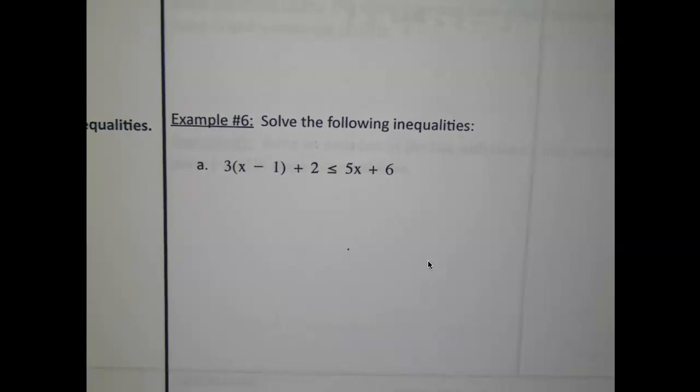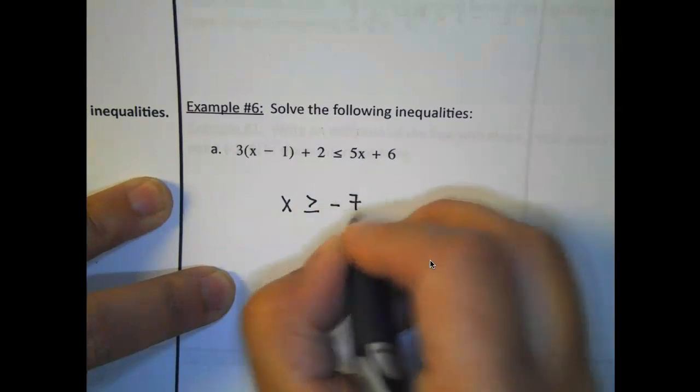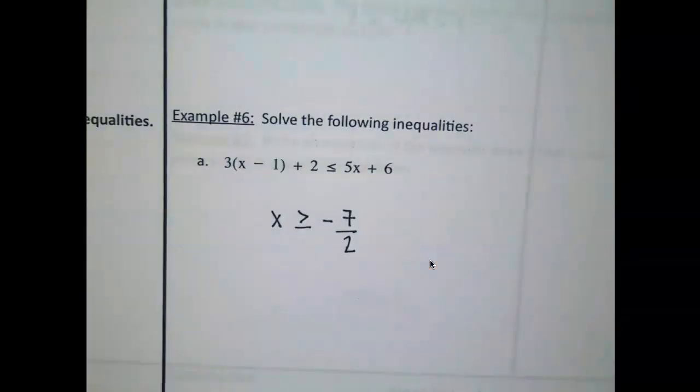I got you. Yes. All right. Everybody got it? Would anyone like me to go over it? Okay. Well, then the answer is x is greater than or equal to -7 over 2 or -3.5.